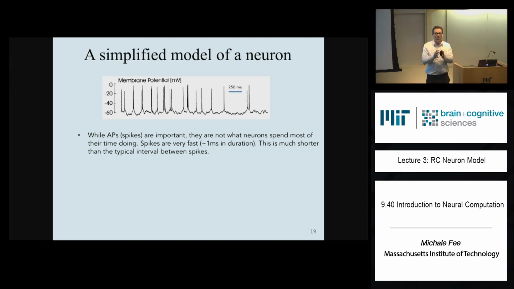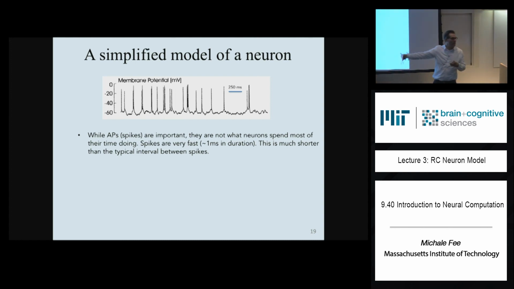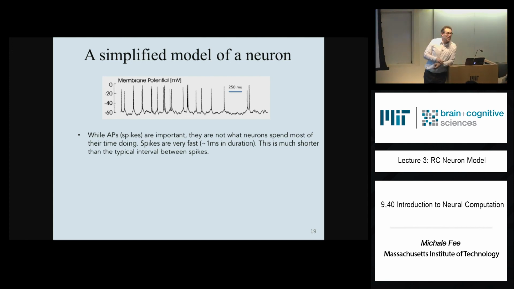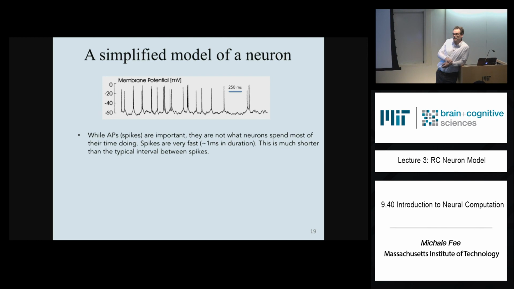They're the way neurons communicate with other neurons. They send a signal down their axon, release neurotransmitter on other neurons. But most of the time, a neuron is not spiking. What is it doing? Well, could be. Other thoughts?